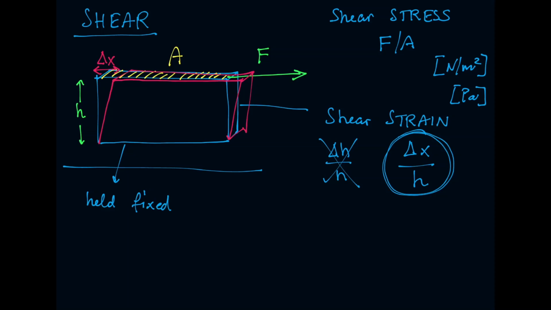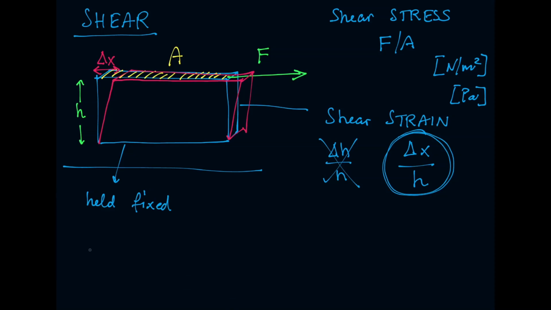And how much this surface is displaced, in this case horizontally, over the original height of the parallelepiped, that is the shear strain.